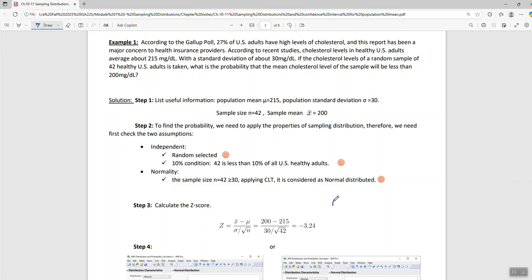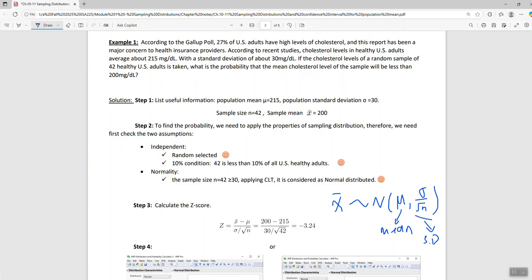That means our sample mean will follow a normal distribution, where the center will be the same as the population mean, and the standard deviation will be sigma over square root of n. So we call this the mean of the sampling distribution, and the whole thing here is called the standard deviation of the sampling distribution.